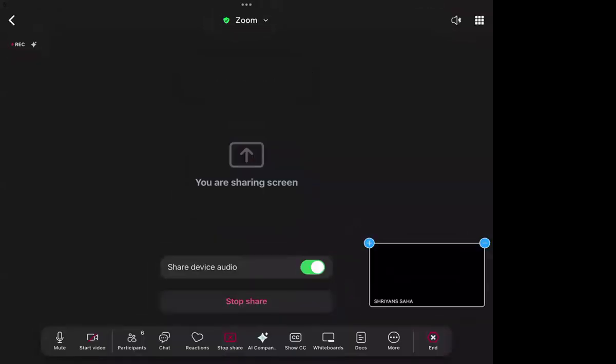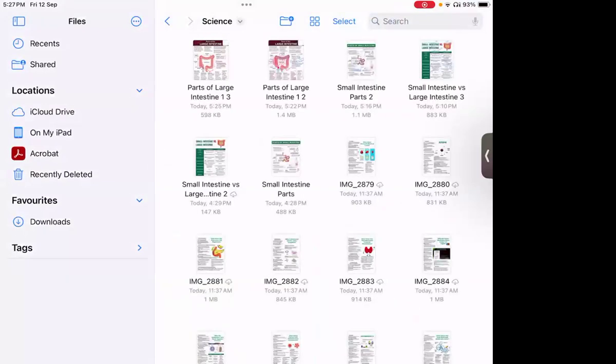Okay, so I'll share the screen. Start writing with the differences between the small intestine and the large intestine. Just a minute, let me share it again.